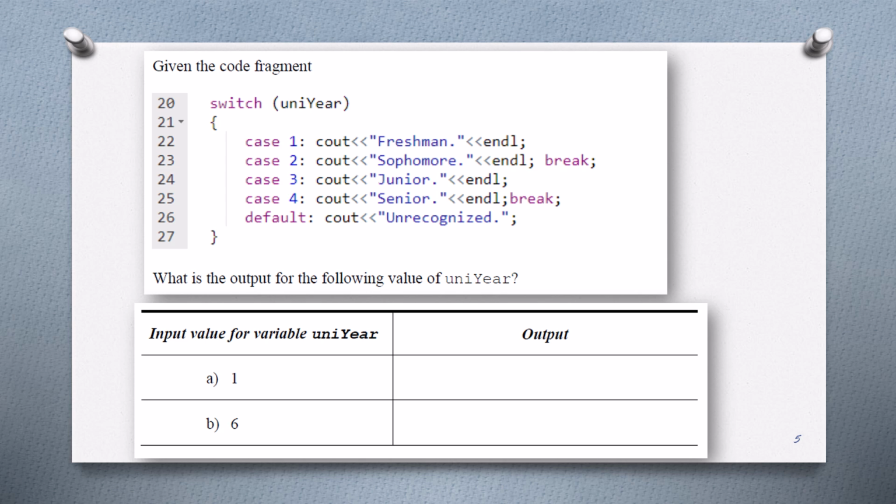The second question asks you to give the output. Very simple. The variable is uni-year. If the uni-year value is 1, notice that it matches case 1. If it matches case 1, it will display freshman.